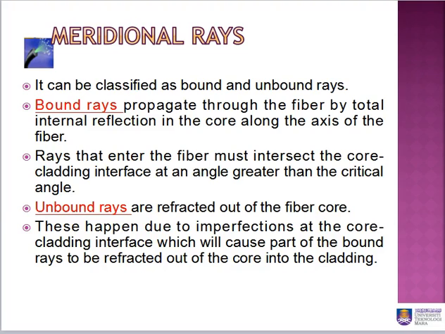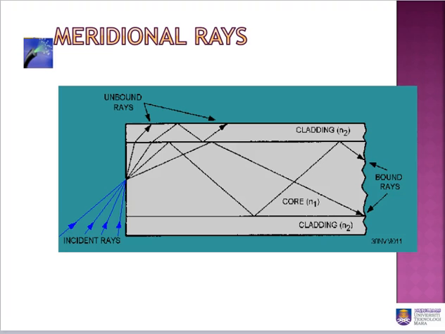Normally, unbound rays occur due to imperfections at the core-cladding interface, which cause part of the bound rays to be refracted out of the core into the cladding. You can see here the meridional ray passes through the axis. We can draw the axis here.